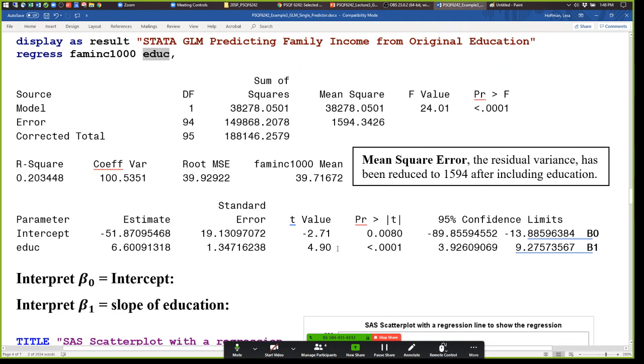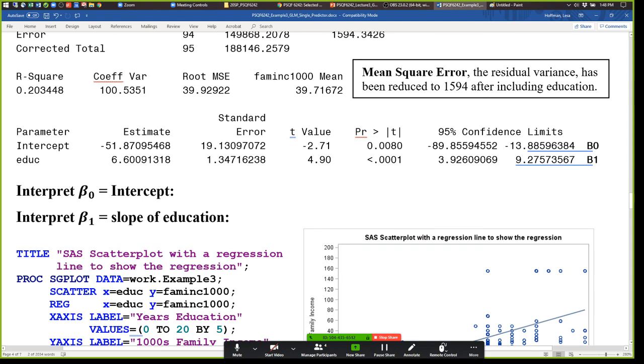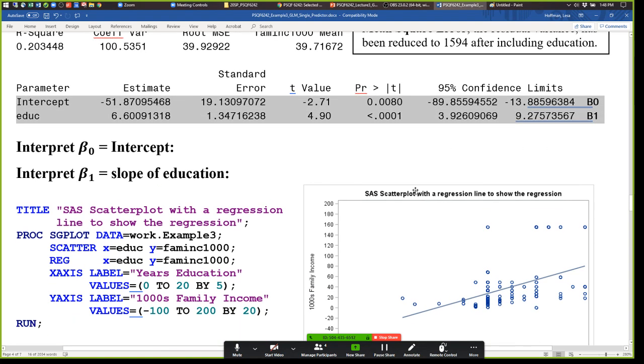And here's the solution that we decided was weird. Our intercept of negative 52 and our slope of 6.6. Because we didn't put centered education and we put original education. So negative 52 is the amount of money predicted if you have no education years.